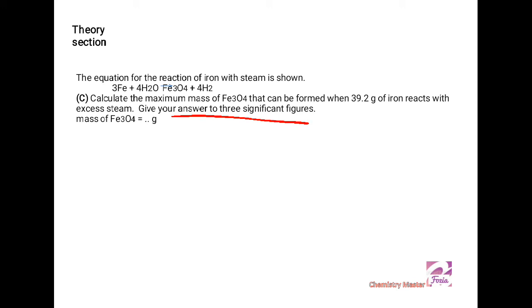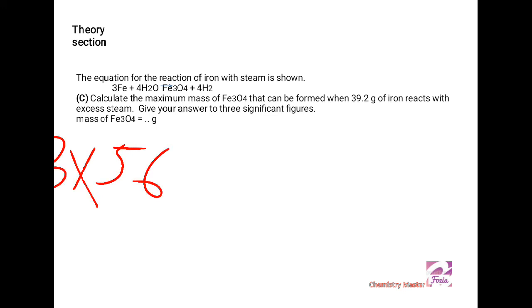First we work out the grams of iron. Now, by looking at the balanced chemical equation, we have to see how many grams of iron are reacting at the reactant side. We see the relative atomic mass of iron is 56. So 56 will be multiplied by 3 because 3 moles of iron are reacting.